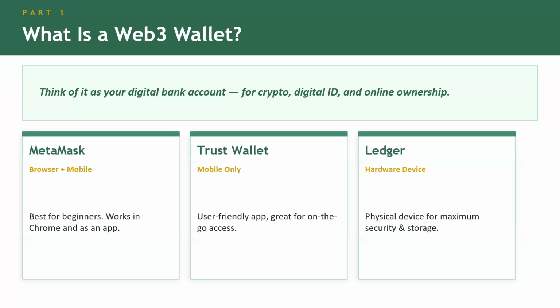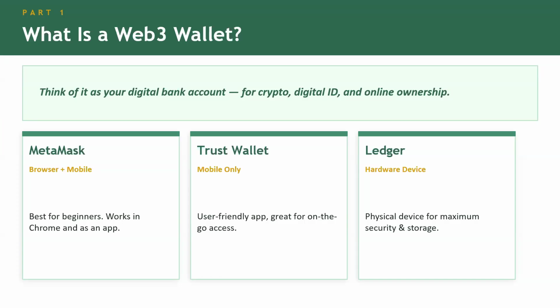So, part one. What is a web wallet? Well, in order to get into the Web3, you have to create a wallet. So think of it as a digital bank account for crypto, digital ID, and online ownership.